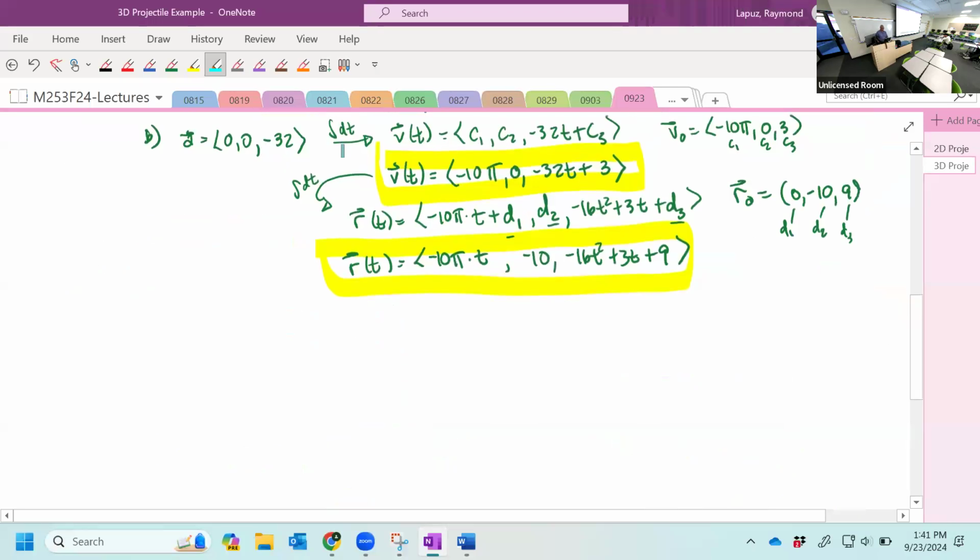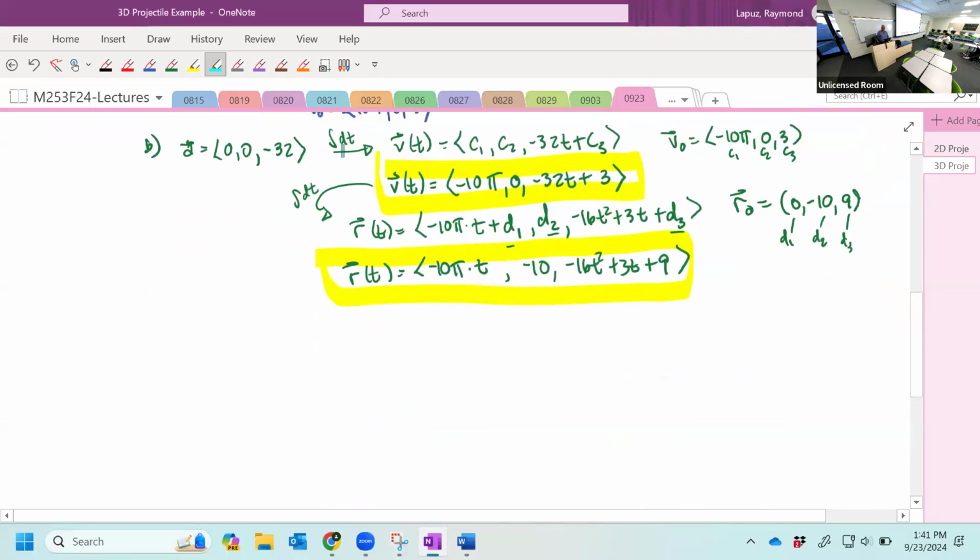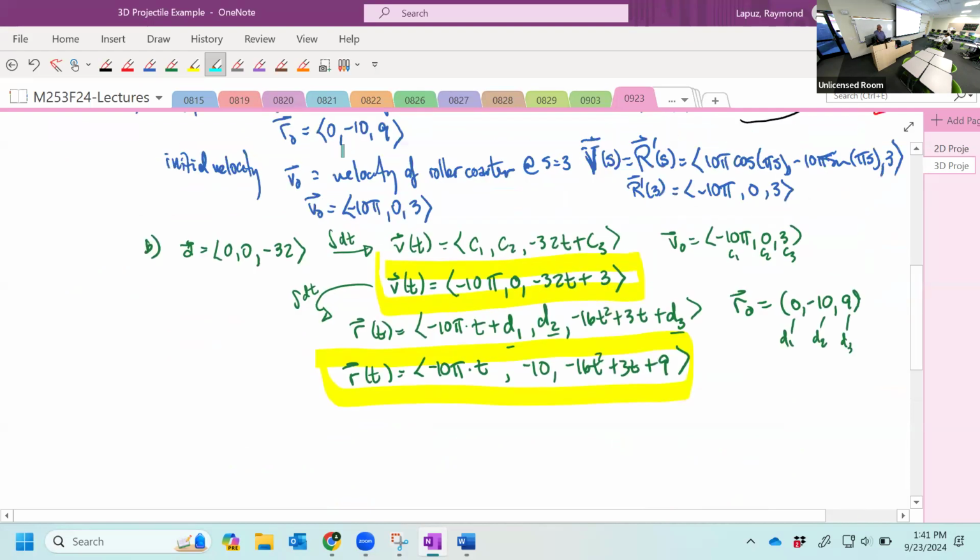Okay. All right, let's find the maximum height. You find the maximum height by setting the derivative equal to 0. The derivative has 3 components, right? So you have to make sure that you set the appropriate component of the derivative equal to 0. So part C, max height.